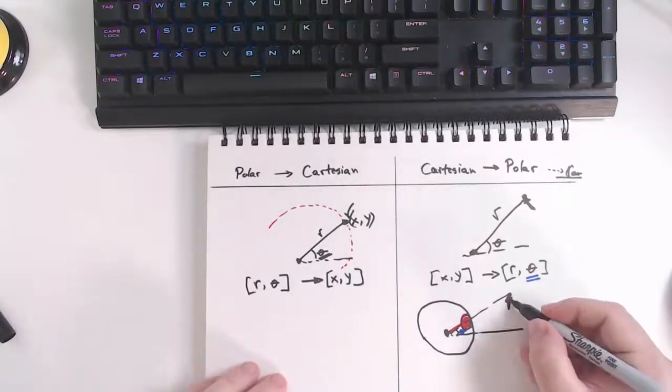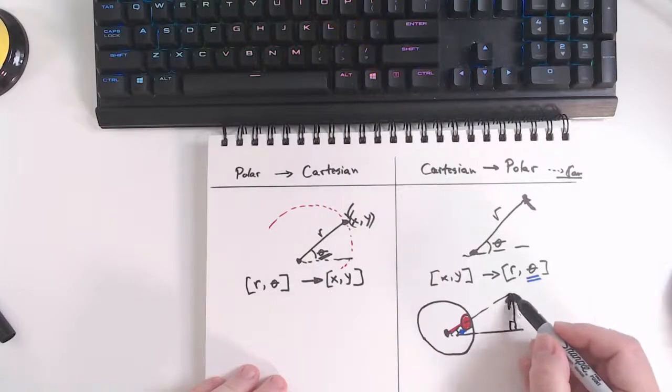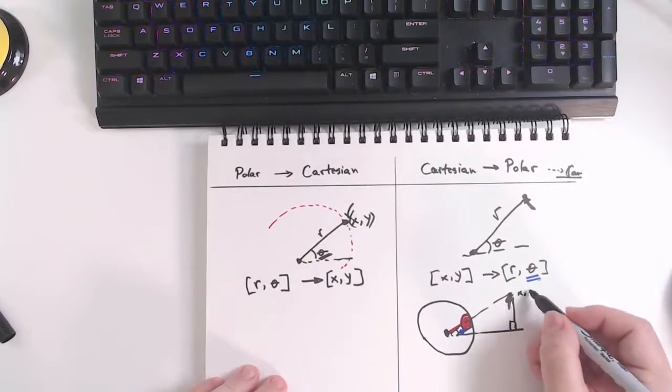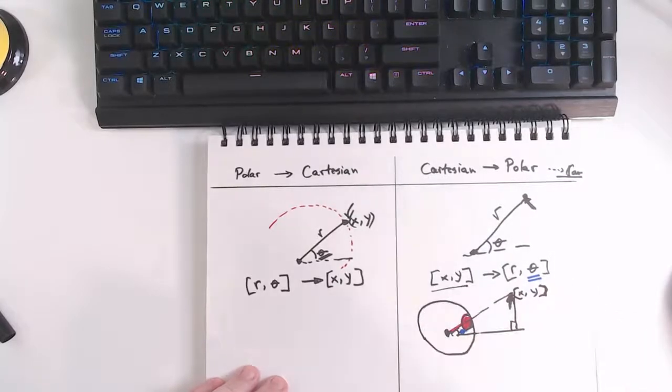Well, imagine this is a right triangle here. From the mouse cursor, we know it's at an x and y coordinate, and we need to figure out theta. So we know the tangent of theta.